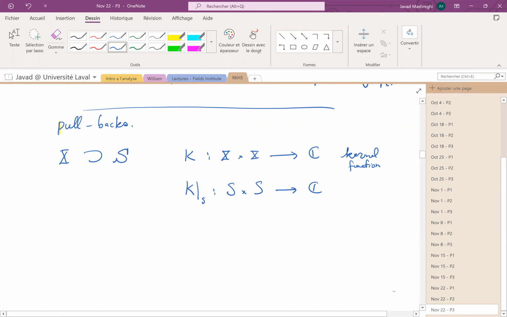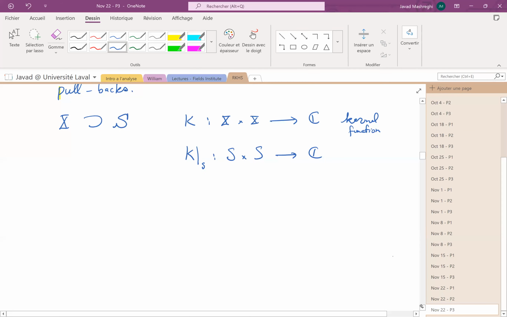Can we claim that K restricted to S is also positive, which I believe everybody would immediately say yes. It is very natural to consider and to prove, and the proof is not indeed that difficult.